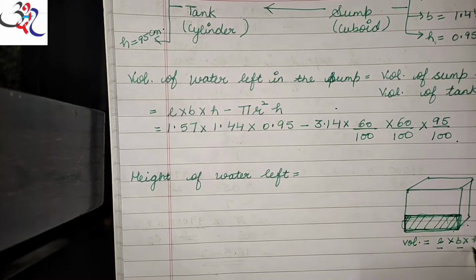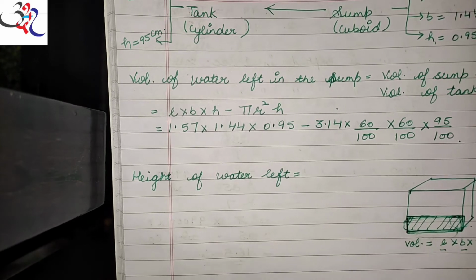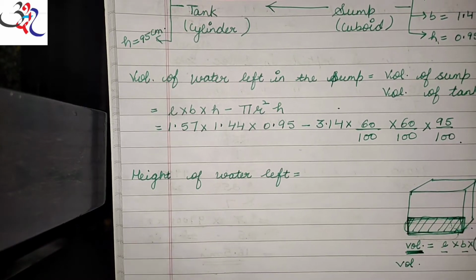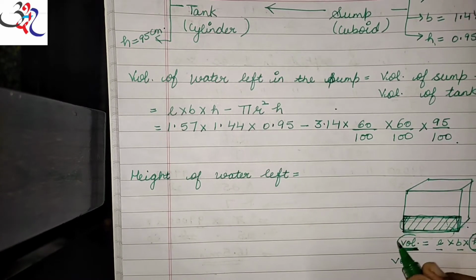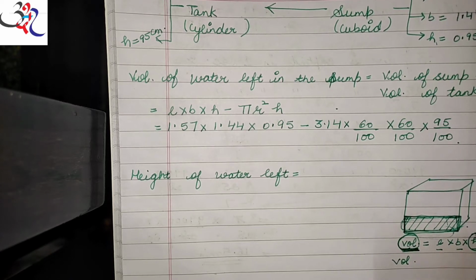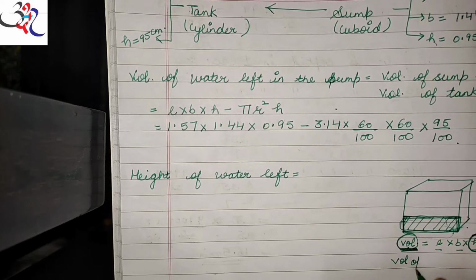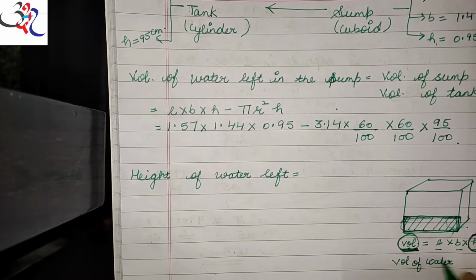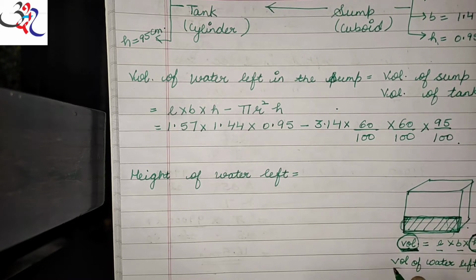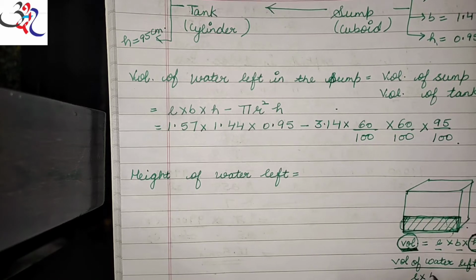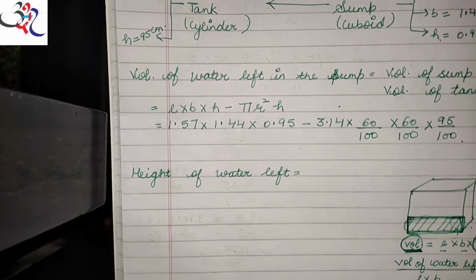So everything related to water will use the formula of the cuboid only. If I know the volume of the water left, and it is divided by length into breadth, then I will get the height of the water left.